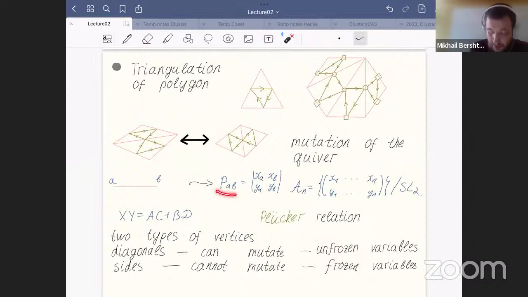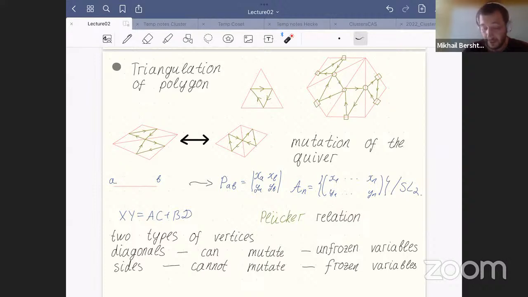What we discussed is that for a given triangulation, the p_ab assigned to the edges of this triangulation are local coordinates on this space A_n. And now I'm saying that they are not just local coordinates, but cluster coordinates, which correspond to a certain seed. So to any triangulation, we assign a seed.